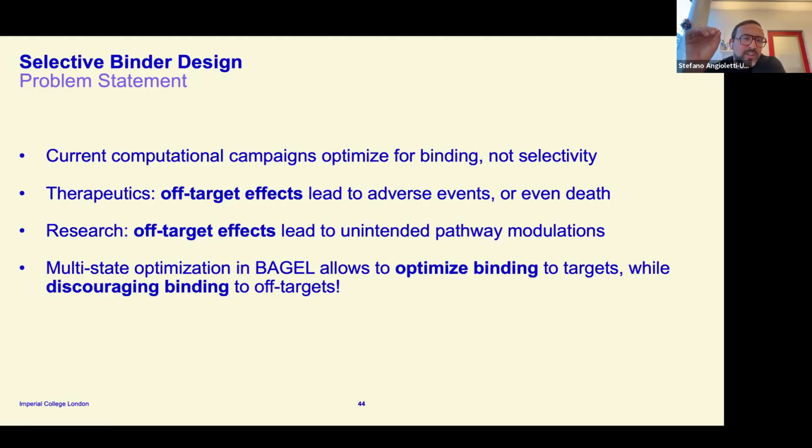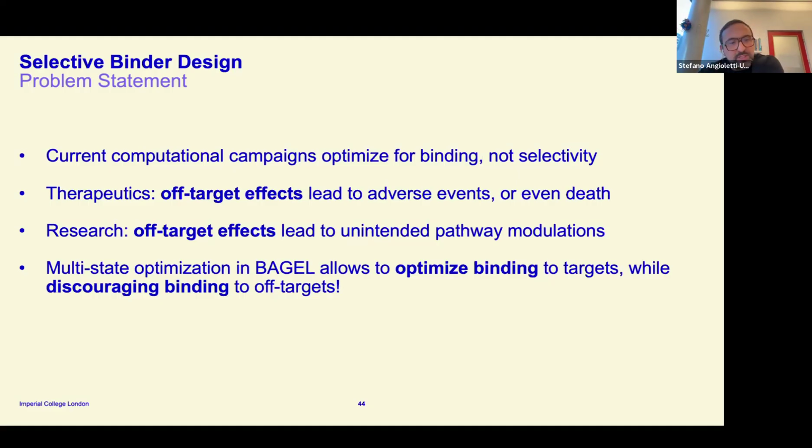Currently, most types of, let's say, generative AI for binders only optimize for binding strength, but not selectivity. What I mean is that typically people optimize to find a protein sequence that binds as strongly as possible to a target, but do not necessarily care whether the same designed protein will also bind to other proteins.